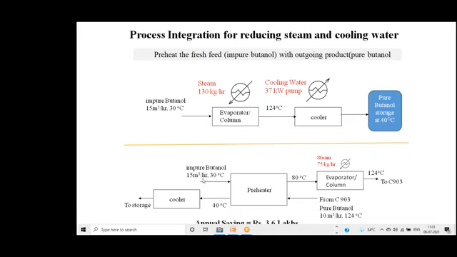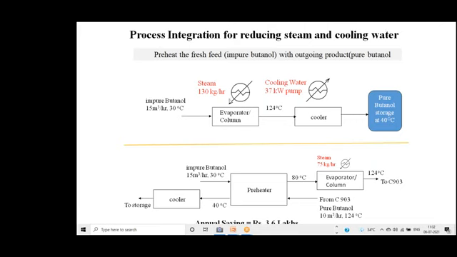In the preheater, impure butanol is coming at 30 degrees. And here, at 124 degrees after it has been heated from the evaporator, you send it through this preheater. So the incoming impure butanol is heated. And then further, whatever cooling is required, you can cool it with the cooler. So here we are making use of product to product heat exchange.